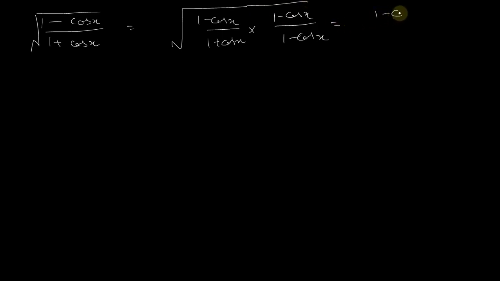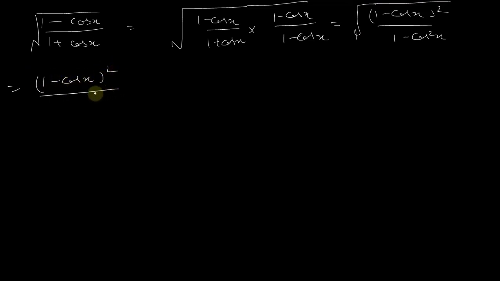So it is (1 minus cos x) square divided by (1 minus cos square x), under the square root. 1 minus cos square x is sin square x, so it is (1 minus cos x) divided by sin x.